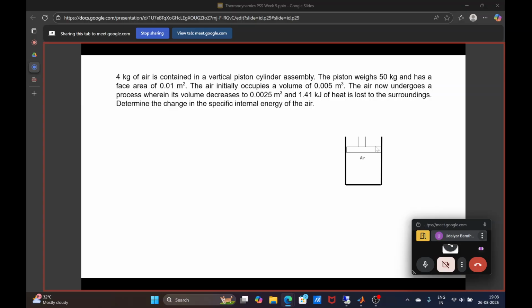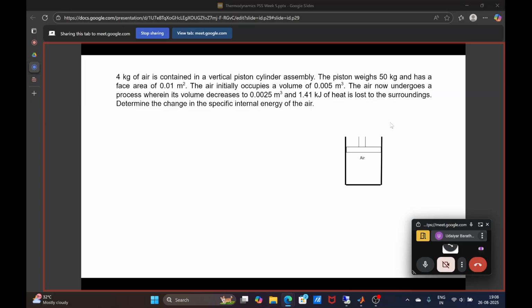We have no idea of the temperature of the air initially or at the final state. The only things we know are the change in volume and how much heat has been transferred. So we need to estimate the work to apply in the first law. So delta U will be Q minus W. We know Q, and we need to estimate W to find the change in internal energy.